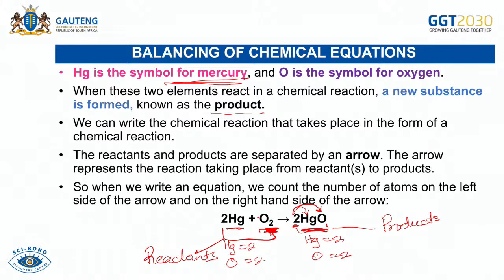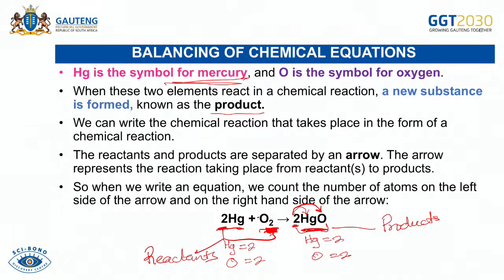The only number that you can add is the one that is just before the element. We cannot add the one that is a subscript. The number that we add before the element can then be multiplied throughout the specific element, or rather compound, depending on the case.